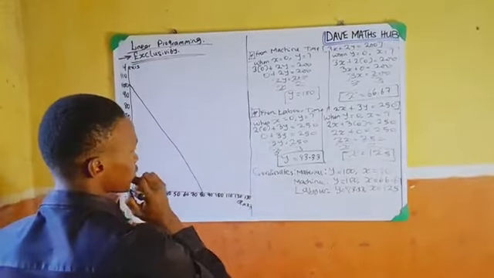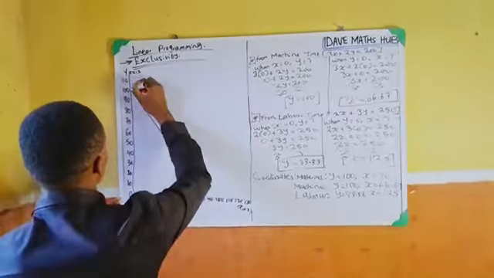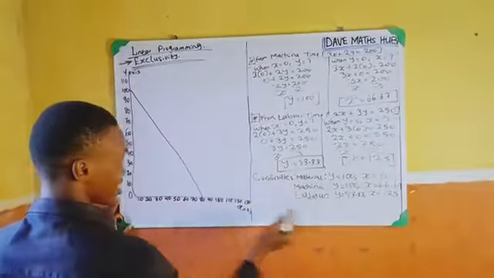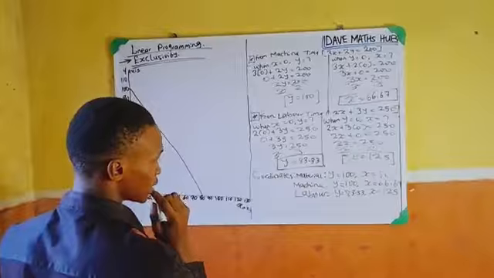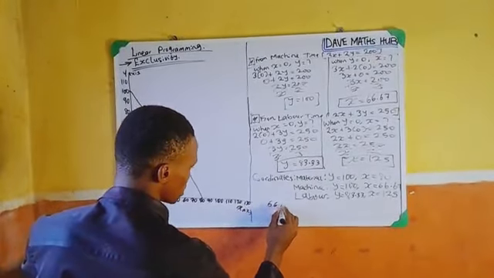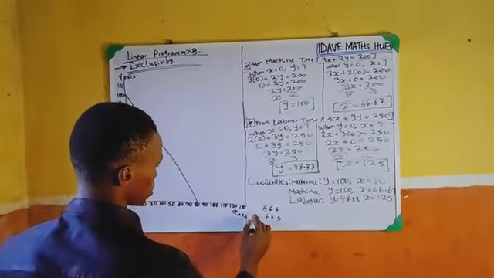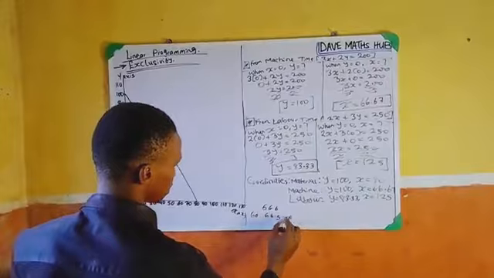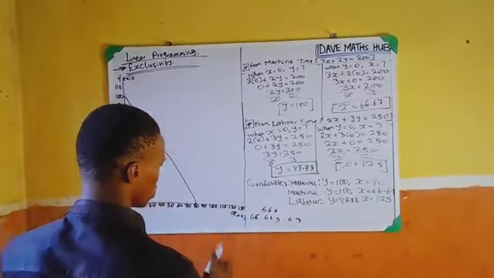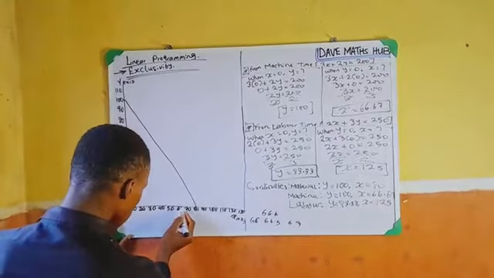All right. Next one, when y is also 100, x now is 66.67. Now, this is 66.67, which is greater than 66.5, half between 66 and 67. So it should be a little bit here.